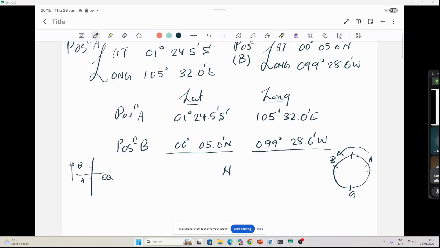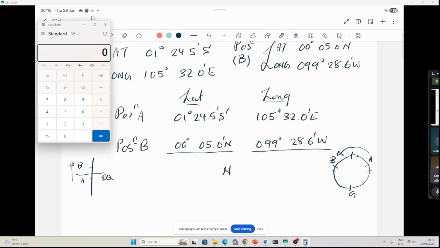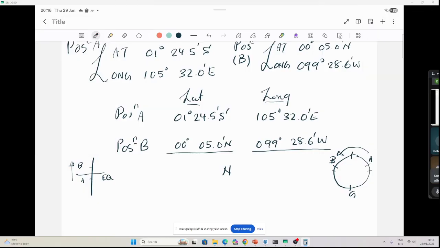Do the sum and put the answer, please. You can put the answer in the WhatsApp group or here, it doesn't matter.